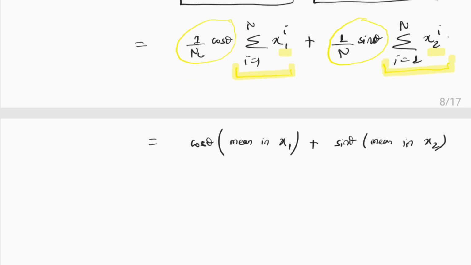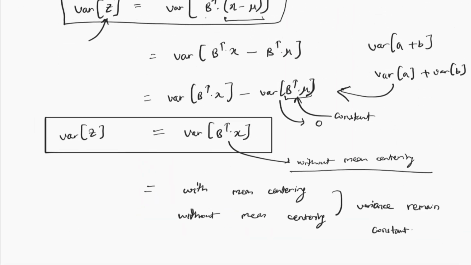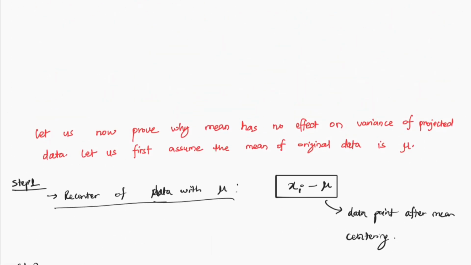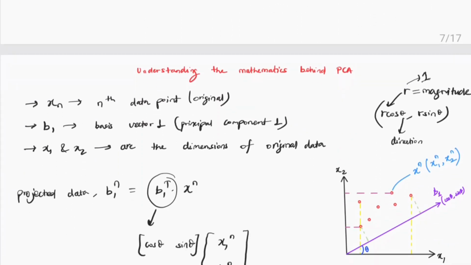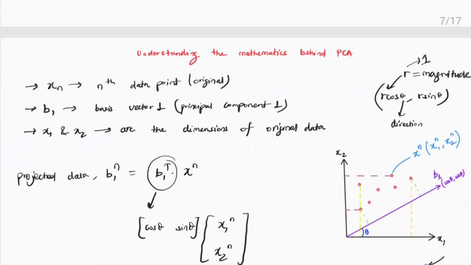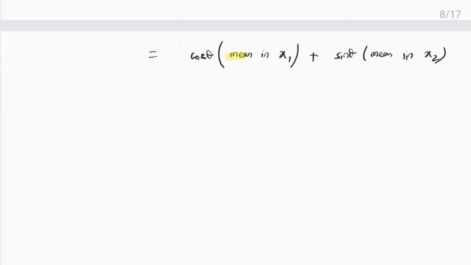And let me recall what we assumed before starting this problem. We assumed that the mean of the data is going to be 0. So if the mean is equal to 0, then this part becomes 0 and this part also becomes 0. So overall this becomes 0.